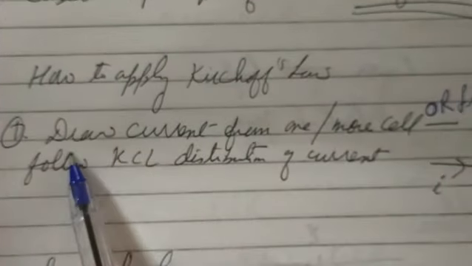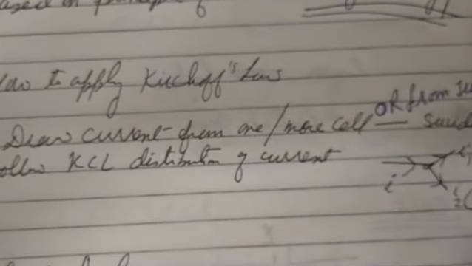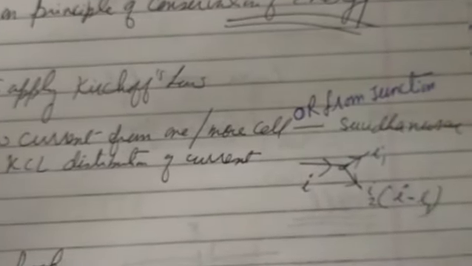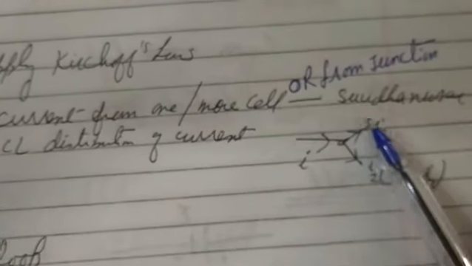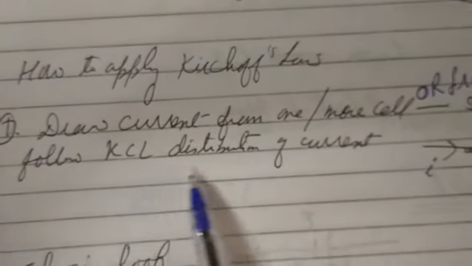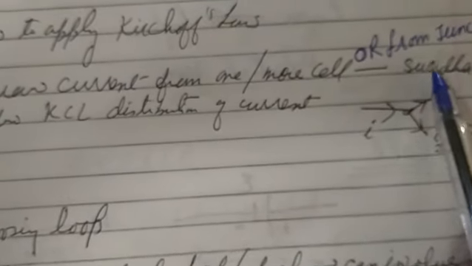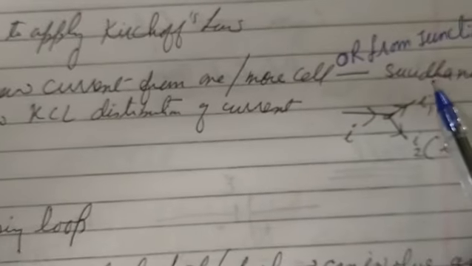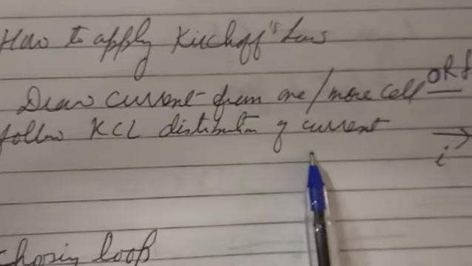So the first thing is to draw the current. Draw current from one or more cells, or from the junction, or you can do it branch-wise, according to your convenience, and follow the KCL distribution of current.